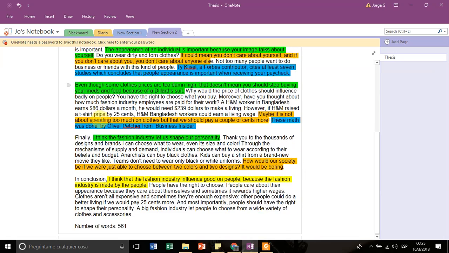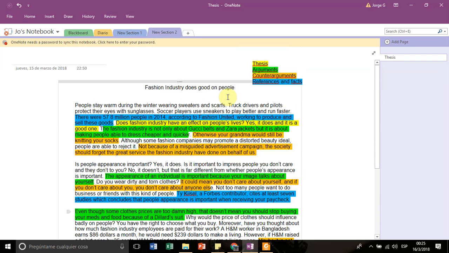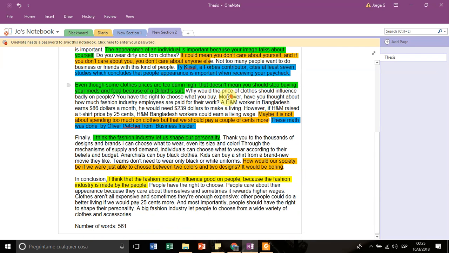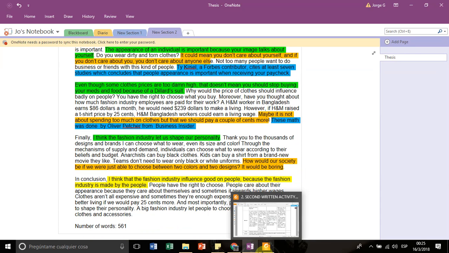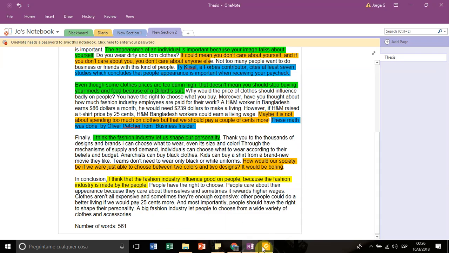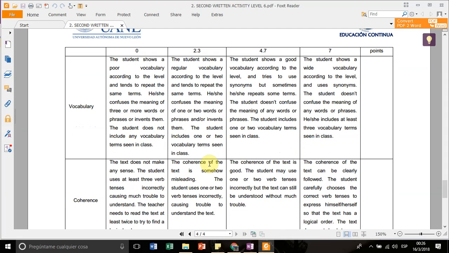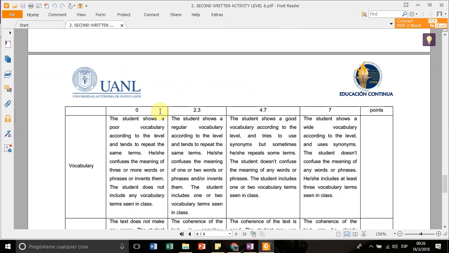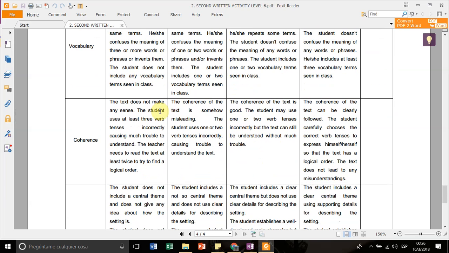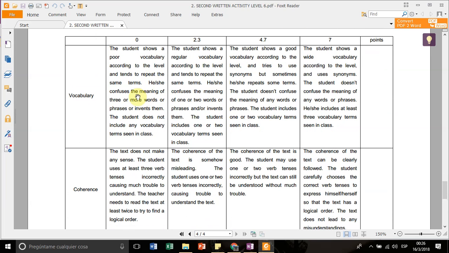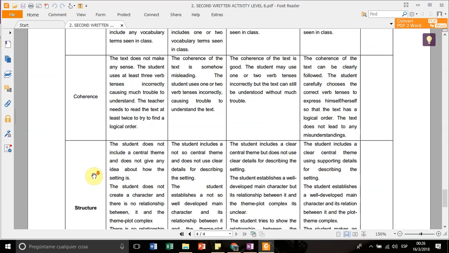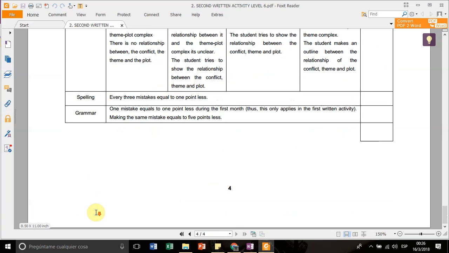So, guys, this is all I have to show you today. I hope this was useful. And tomorrow, if I have enough time, I will show you how I evaluate these criteria: vocabulary, coherence, structure, spelling, and grammar.